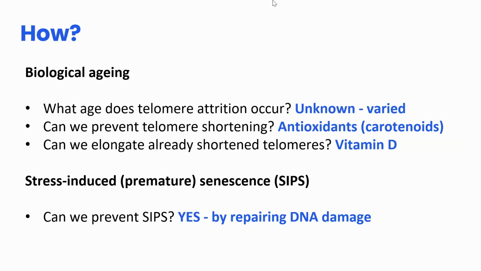What can we do to prevent the largest cause of senescence, which is the stress-induced premature senescence? Well, we can intervene here very easily by repairing DNA damage. I'm not going to focus too much on this point. I did speak about this at a different conference, and I will mention some points, however.